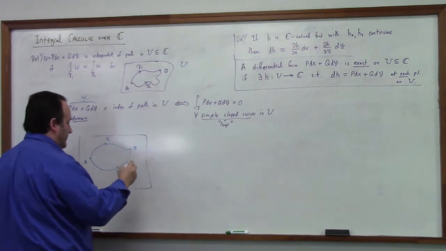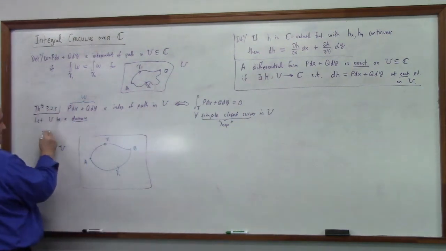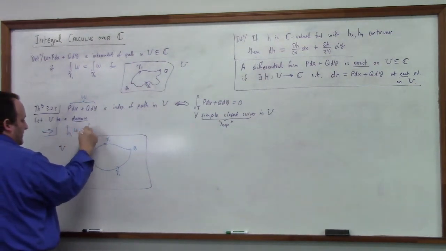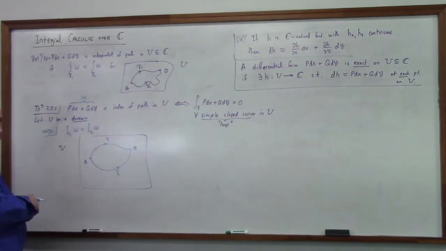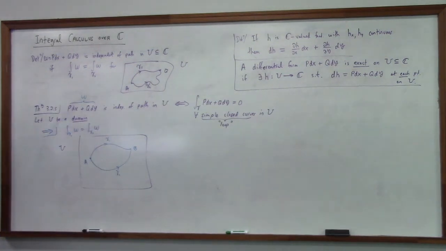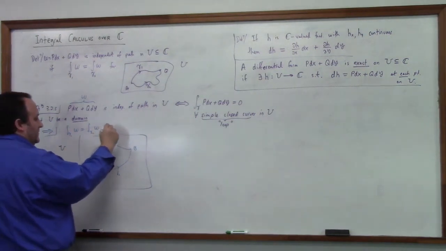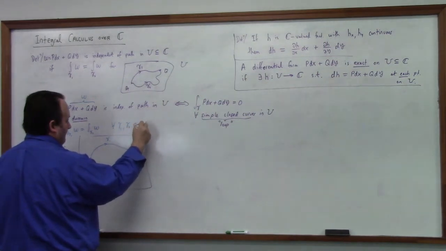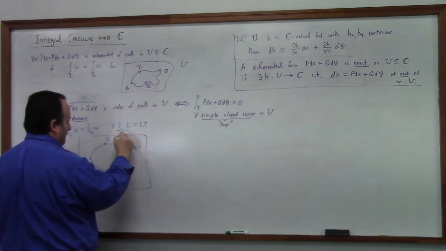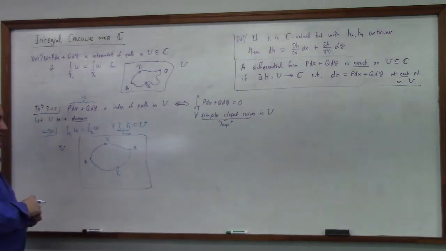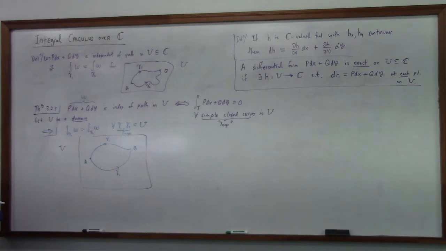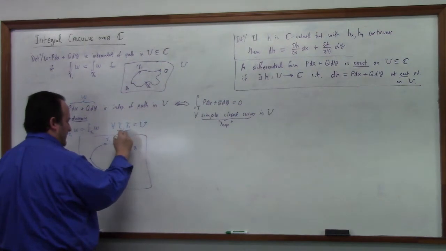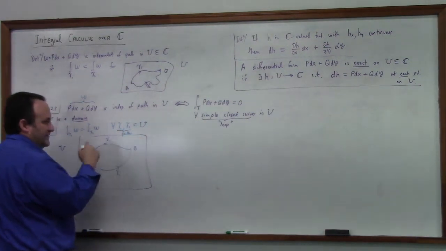We're assuming, let's go this direction, that the integral over gamma 1 of omega is the integral over gamma 2 of omega, and this is true for all such gamma 1 and gamma 2, for all paths from A to B like this.